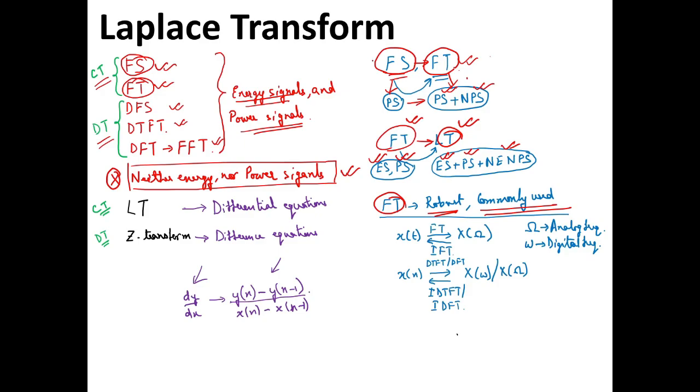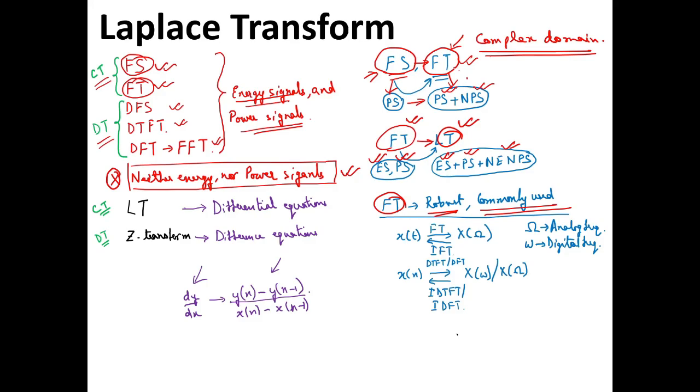Why does this happen? In the Fourier series, we were mostly dealing with sinusoidal waves. When we talked about the Fourier transform, we were basically in the complex domain only. There was no real component to the system.